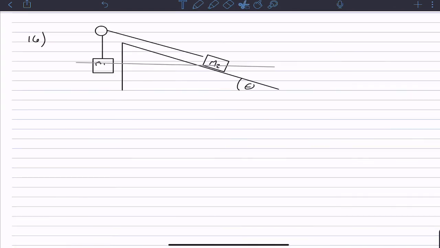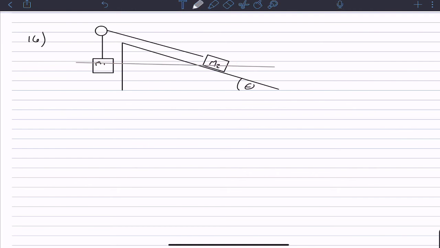Okay, next problem. Number 16 on page 241. We are given some blocks and a pulley and an incline. So let's just draw a quick picture. Here we go. We have the 2 blocks on the incline, and I've shown that they are at the same height initially.